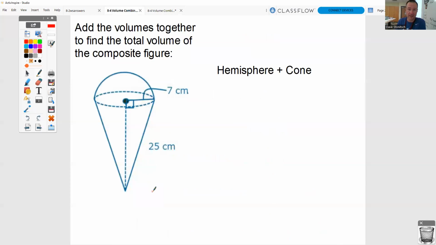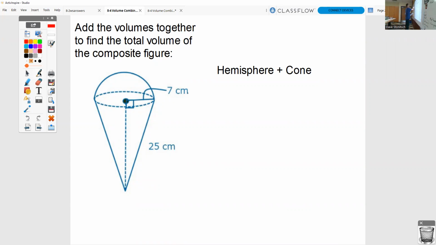So taking a look at this, in the first question, notice what 2 pictures we have. It says add the volumes together to find the total volume of the composite figure. Notice that we have a hemisphere sitting on top of a cone. So what you want to do is the hemisphere plus the cone. What I find to be very helpful is to write the formula above the picture you have.